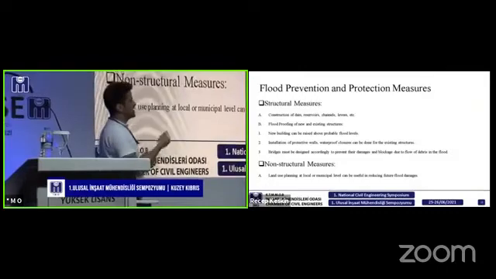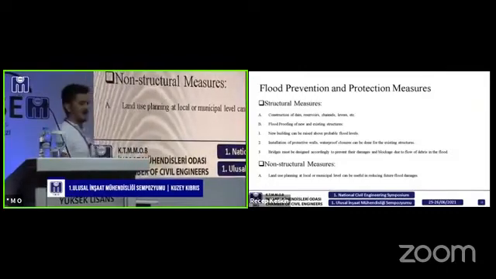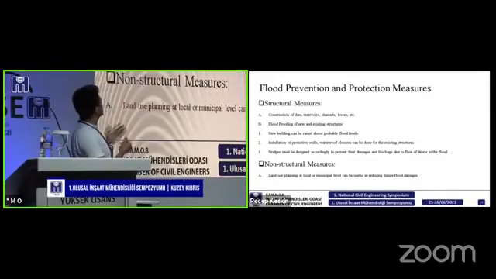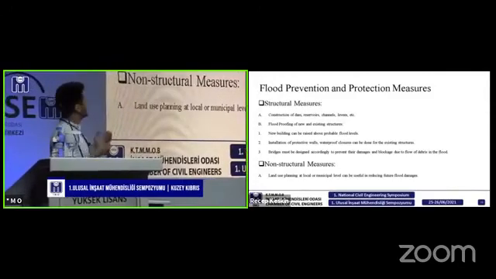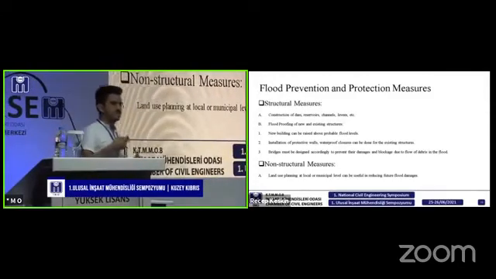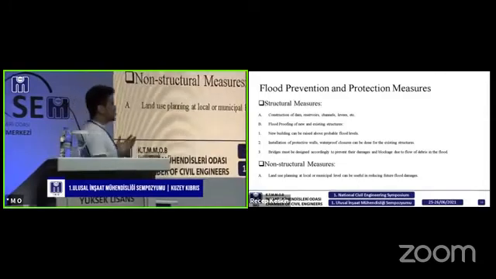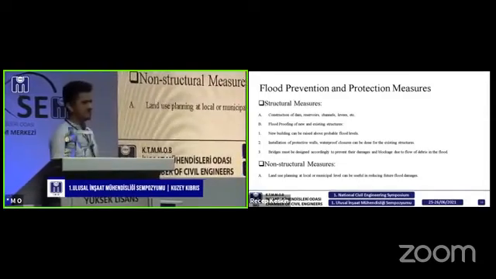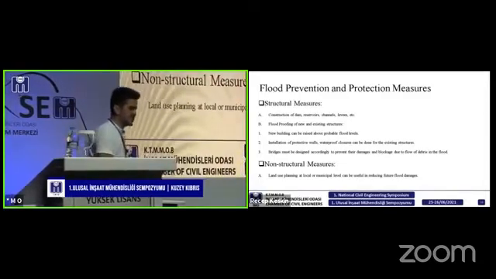Last, as Hasan Hoca told, I don't need to go into details of that, but for flood protection and prevention, there are two kinds of measures that can be taken: structural measures and non-structural measures. It's a general sense.